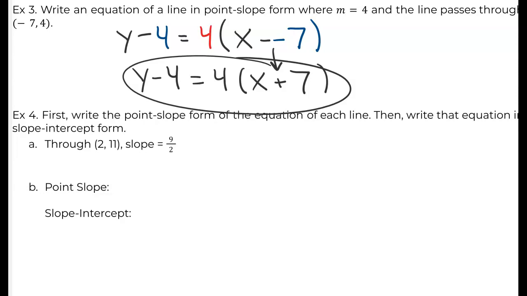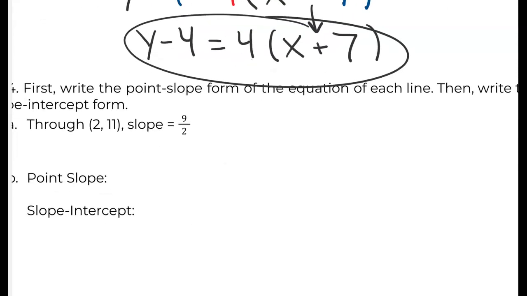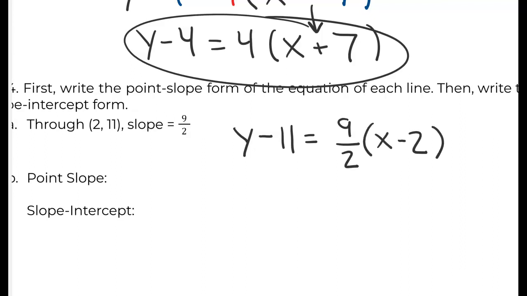Well, writing this in point slope form, I'm given my point, I'm given my slope. So it would be y minus 11 is equal to 9 over 2, x minus 2. Again, this is my x1 and my y1. This is my m. That's in point slope form.